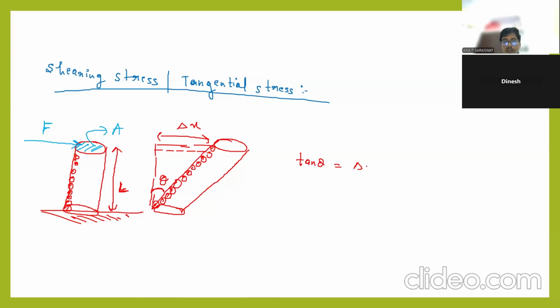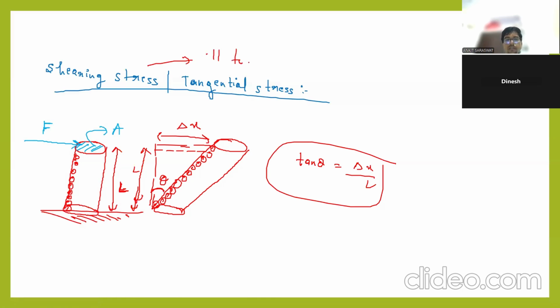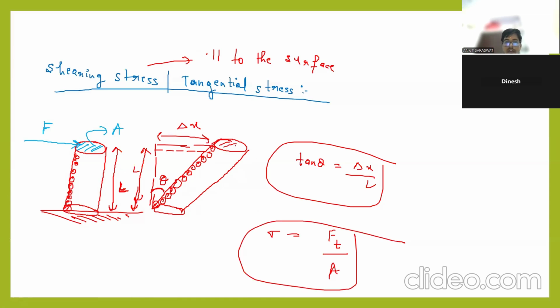Perpendicular by base. So it is shearing stress when the force is parallel to the surface. Deforming force is parallel to the surface. Then how to find the shearing stress: the tangential force we will take, Ft means tangential. This area is A. Ft is the tangential force.